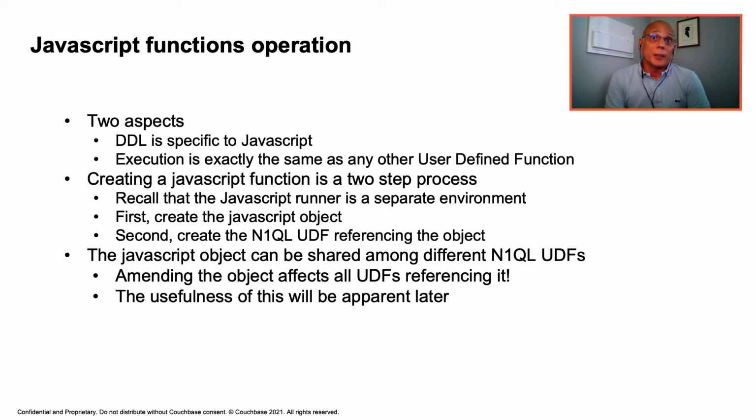And what you're doing is, with that creation of the function, you're pointing Nickel to the library and to the object. And the advantage of this is that you can basically create one single JavaScript object, and then you can share it among multiple user-defined functions at different levels. And if you amend the JavaScript object, then all of the UDFs that are using it will change as well. And in a few slides, we will see how this is actually useful.